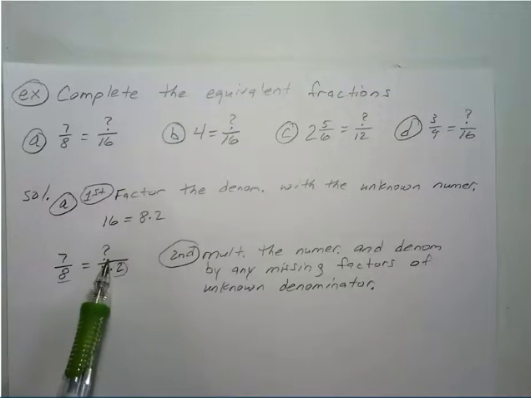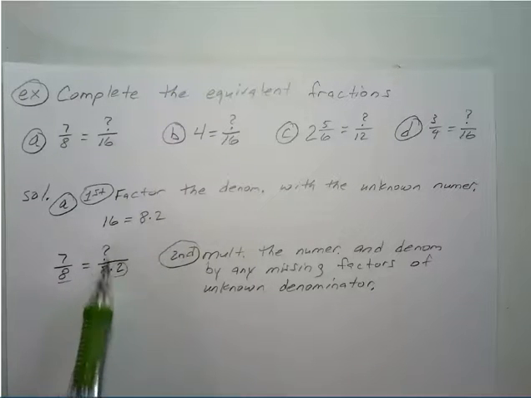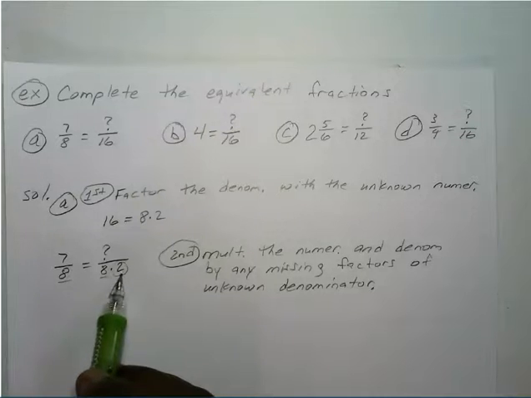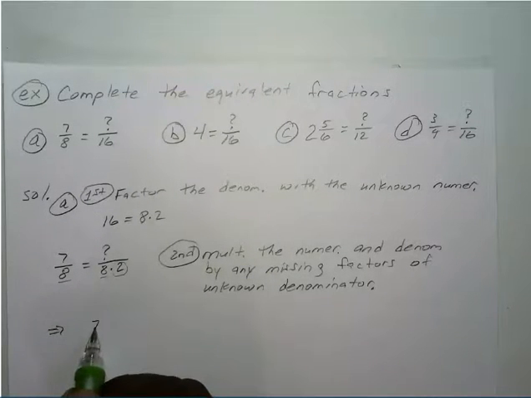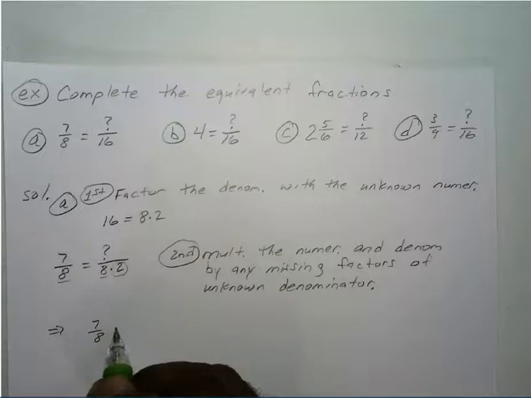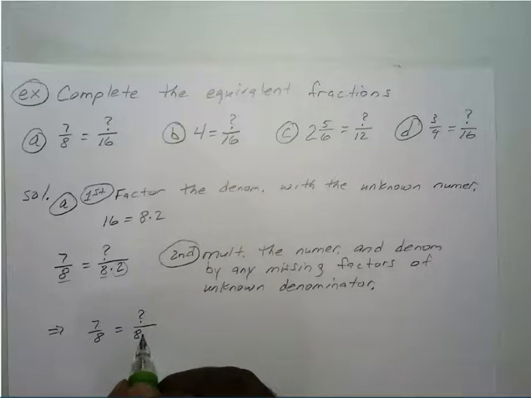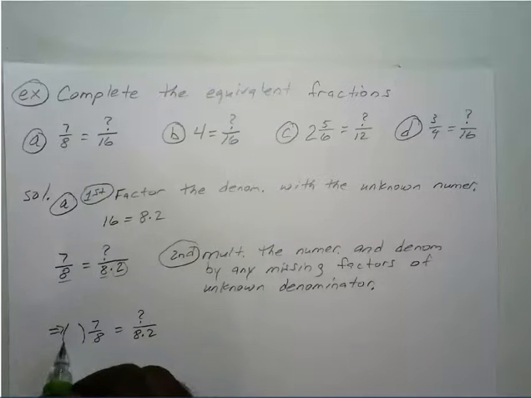We have our unknown numerator here, but that denominator. Since we're missing a 2 over here, I'm just going to rewrite it. 7 over 8 is equal to something over 8 times 2. So we have to multiply this times 2 to get these to match. So we multiply this by 2 over 2.